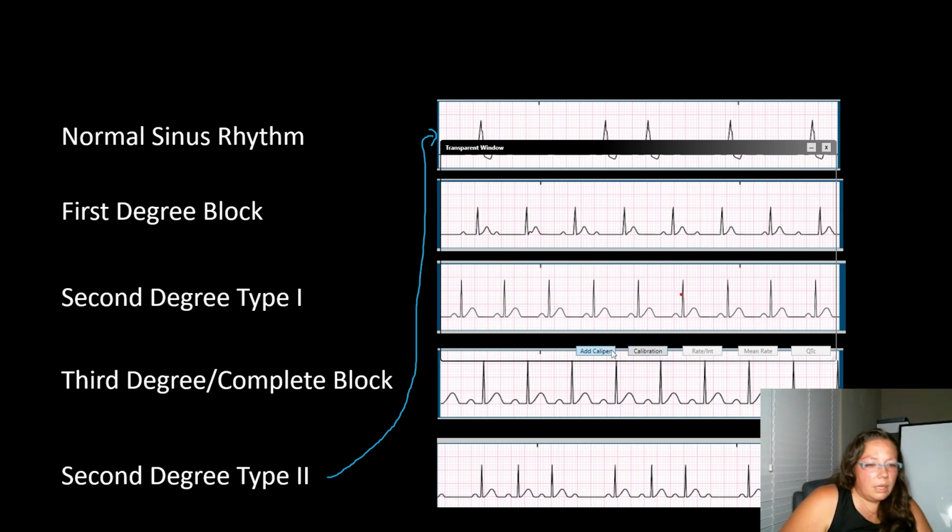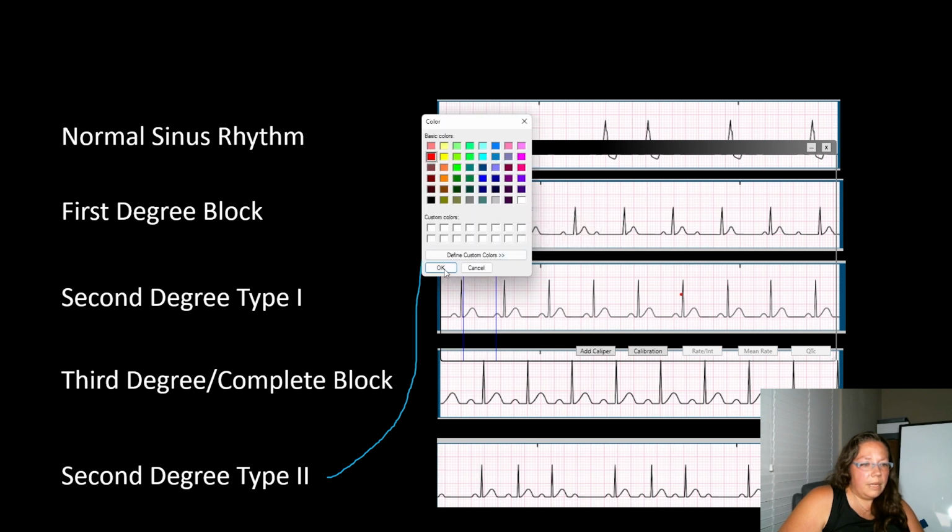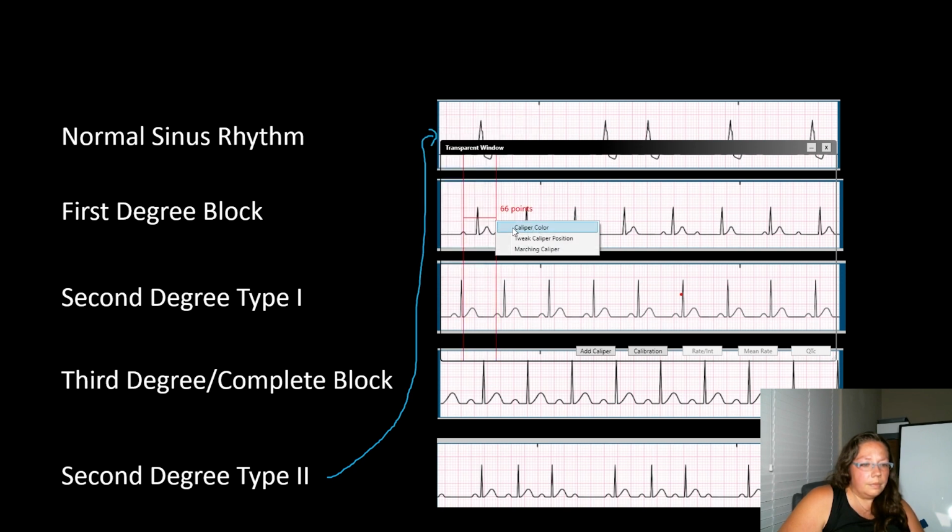All right, we're going to add a caliper. Let's march out our P waves first. Make P waves red. March them out. So P wave, P wave, P wave in this T, P wave, P wave, P wave in this T, P wave, P wave, P wave.